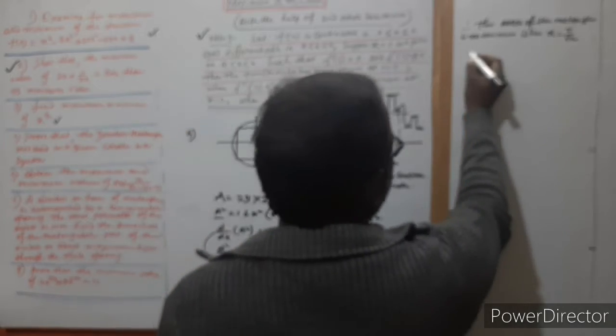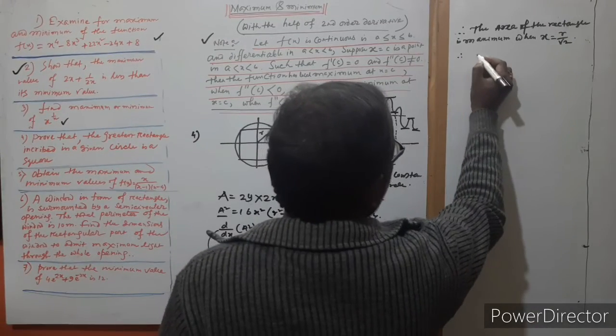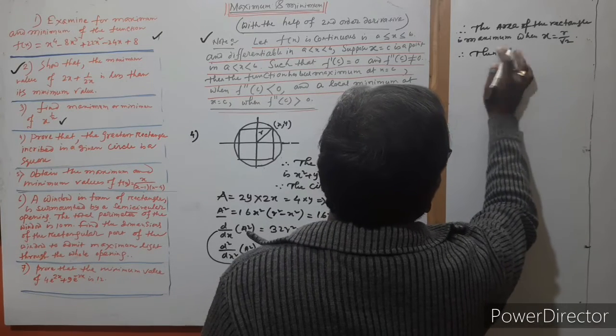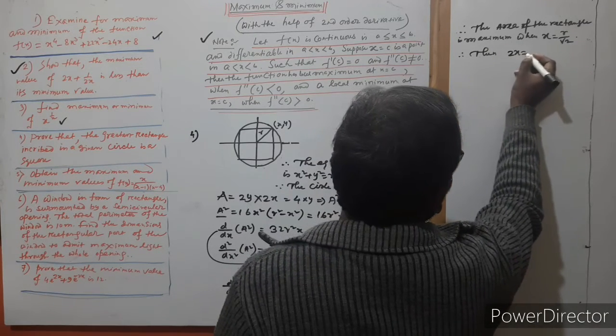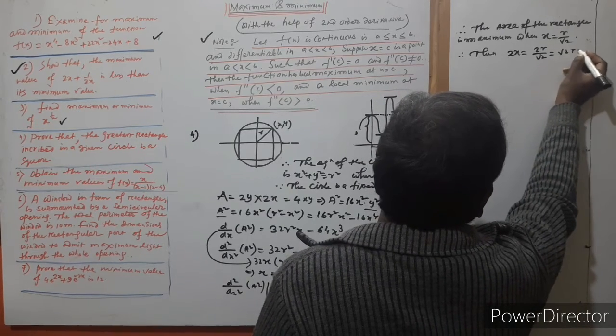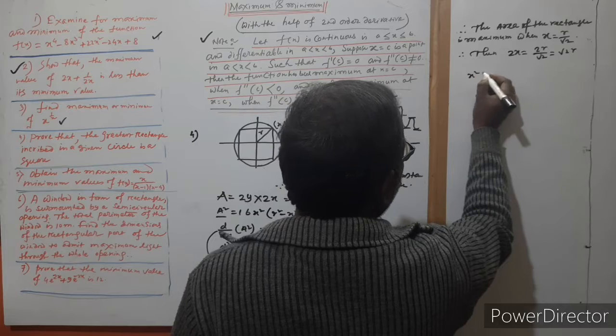Okay, so therefore twice x is equal to 2r by root 2, that is root 2 r.